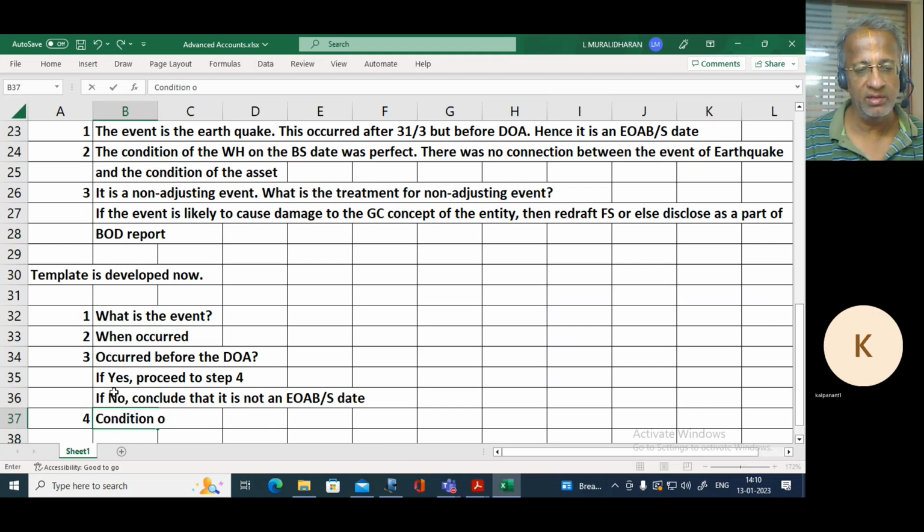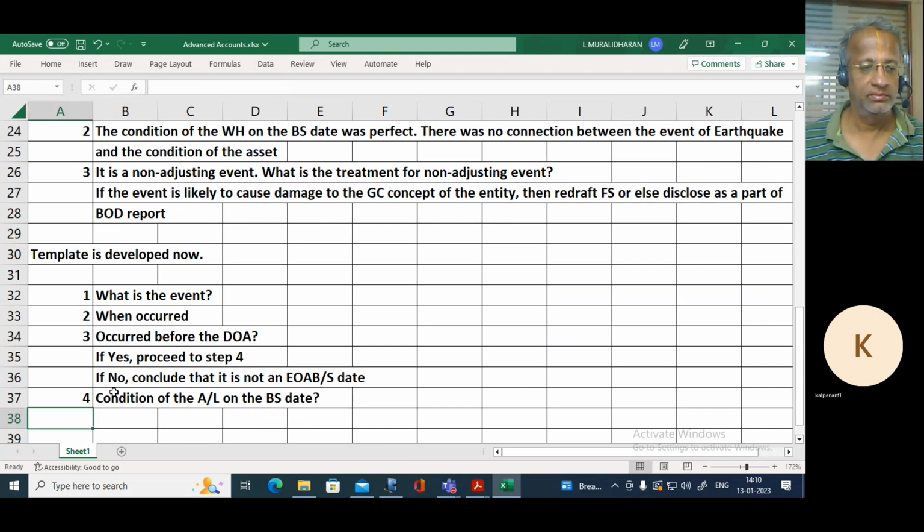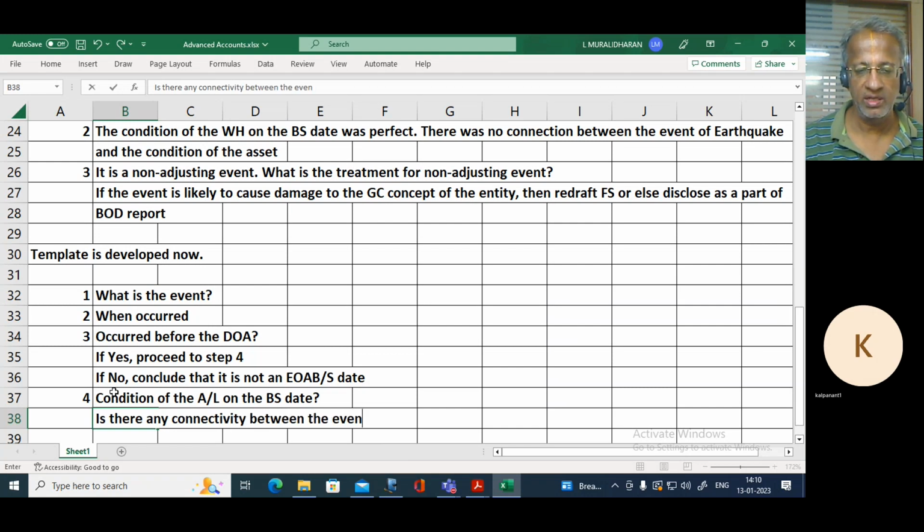Condition of the asset or liability on the balance sheet date. Is there any connectivity between the event and the condition of the asset on the balance sheet date?